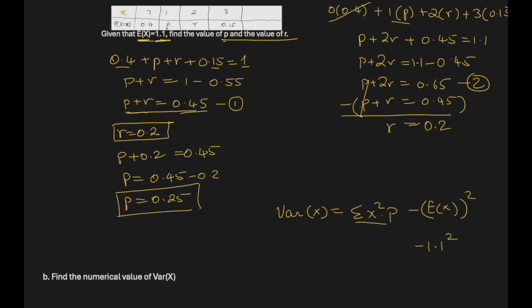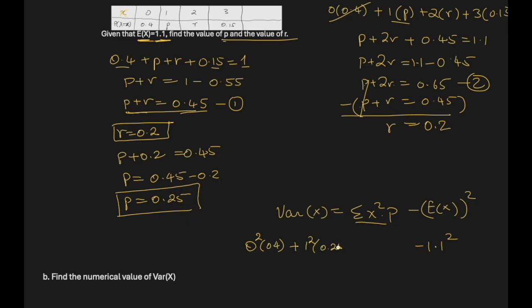So here we have 0, 0 square, multiplied by its probability, 0.4. Then we have 1 square, multiplied by its probability p, which is 0.25 now.